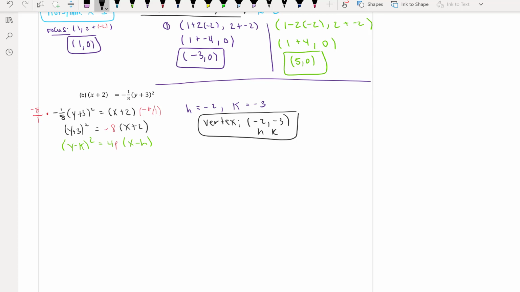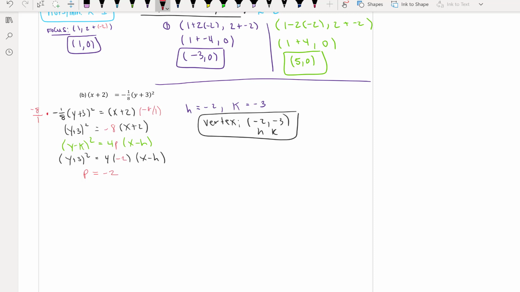So I definitely have (y plus 3) squared is equal to 4, and my x minus h. So that p value, well, what's negative 8 divided by 4? Well, negative 8 divided by 4 is going to give me a negative 2. So now I note that my p value is equal to a negative 2. So now I have all the pieces of information to give you.